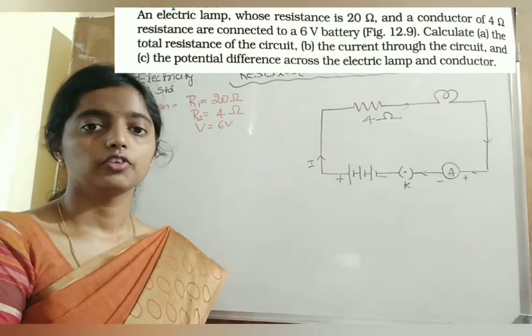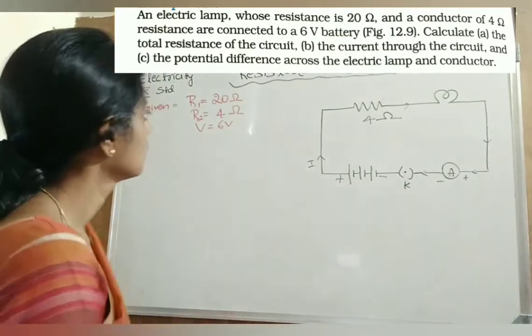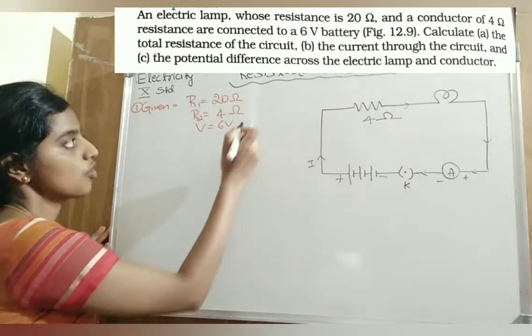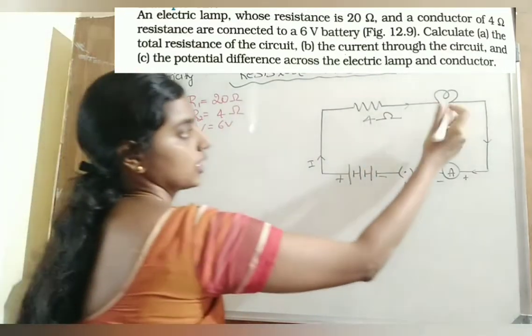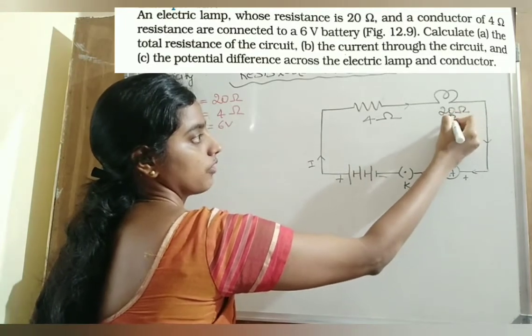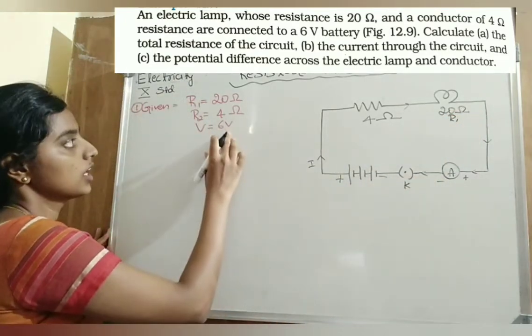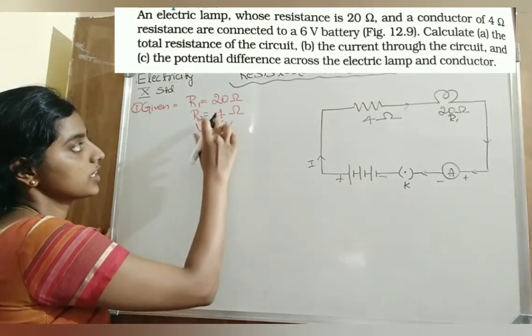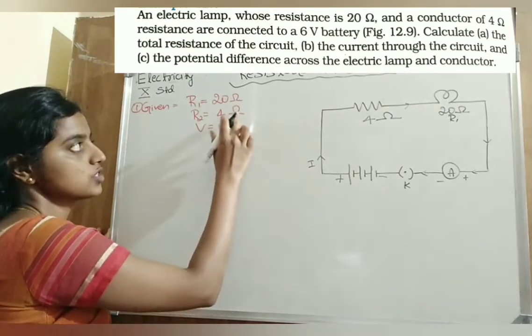Note the given terms in the question. R1, that is the resistance of the lamp, is 20 ohm, that is here lamp symbol 20 ohm, this is our R1, and R2 is the resistance of the conductor, that is 4 ohm.